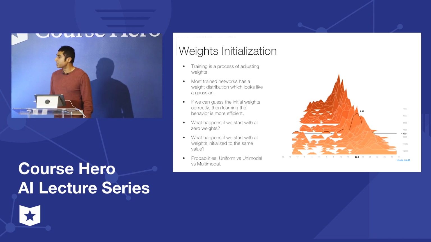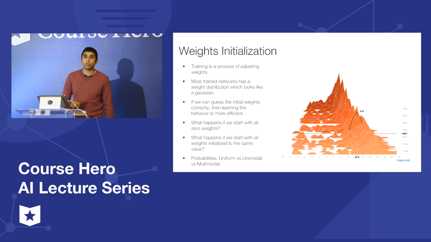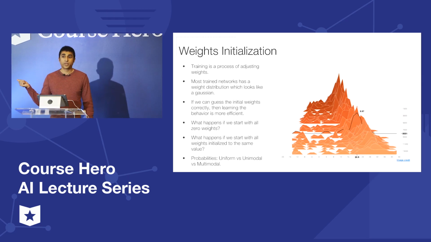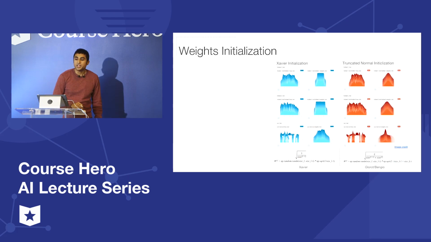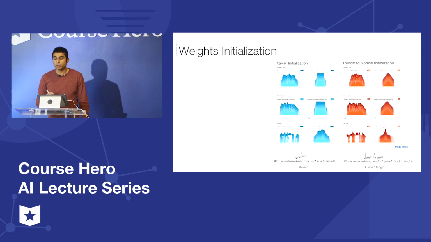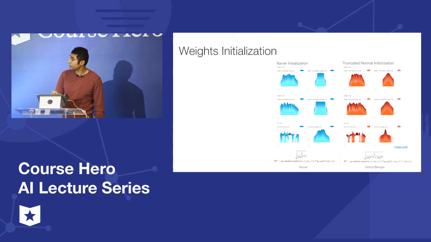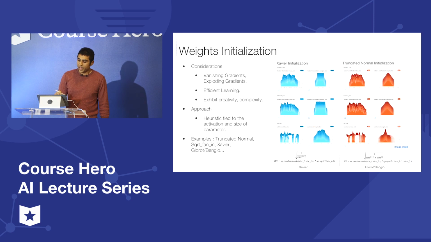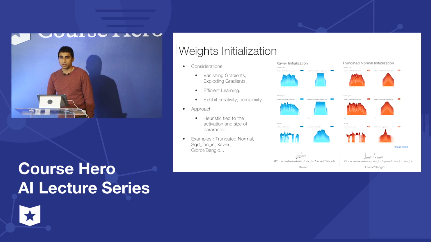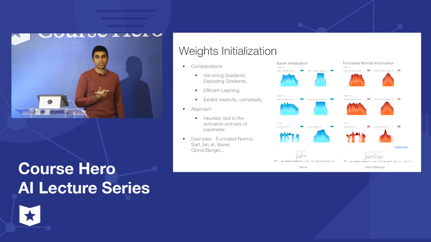These weights are not just uniform or normal, they are multimodal. They're not bimodal, they're multimodal, where you see many modes, but mostly they are normal. So typically, instead of truncated normal or standard normal distribution, we use other techniques for weight distribution based on certain considerations. One of the considerations is called vanishing gradients.